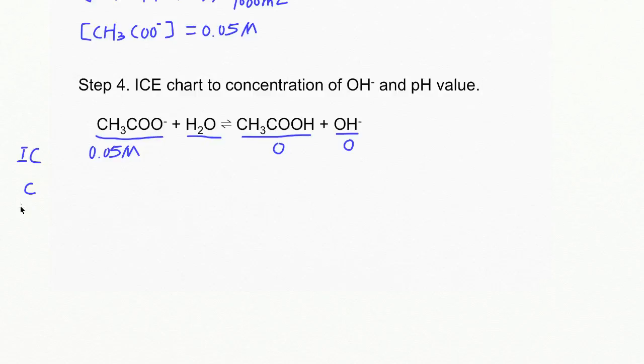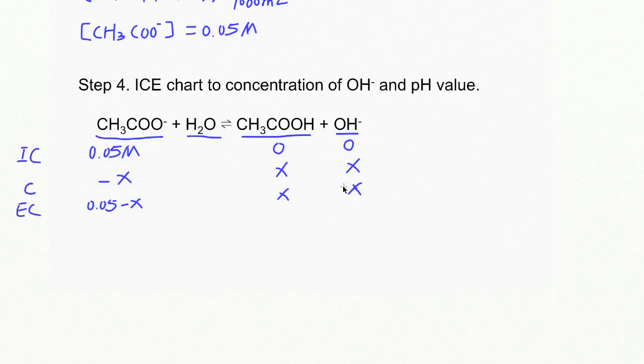The change and the equilibrium concentration, we don't know how much is dissociated, so set up x, x, x here. And so the equilibrium concentration would be 0.05 minus x, x, and x.